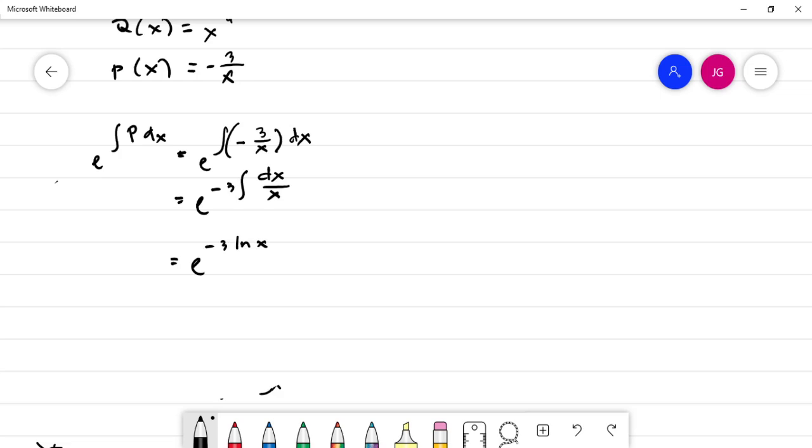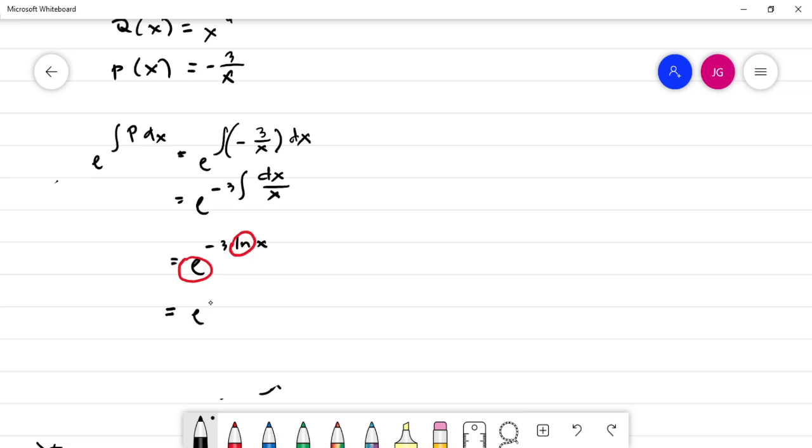Okay guys, don't forget that we need to simplify our equation. You can see that we have e and ln, so we can simplify it into 1. But take note that we have negative 3. So we apply the power rule of logarithm.